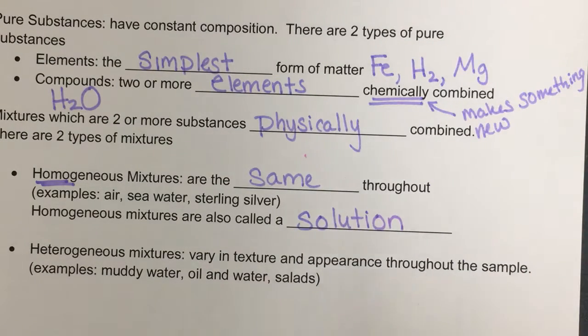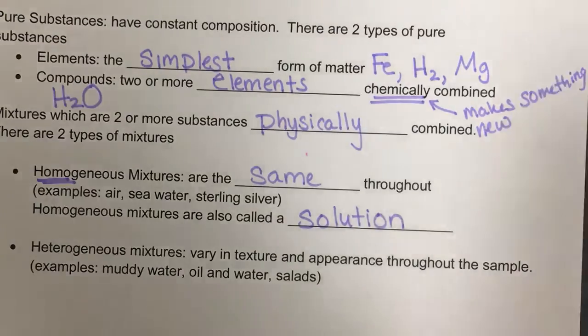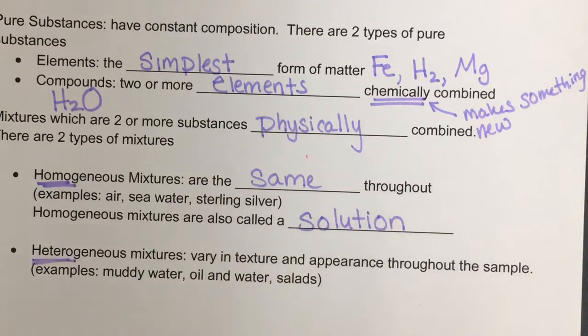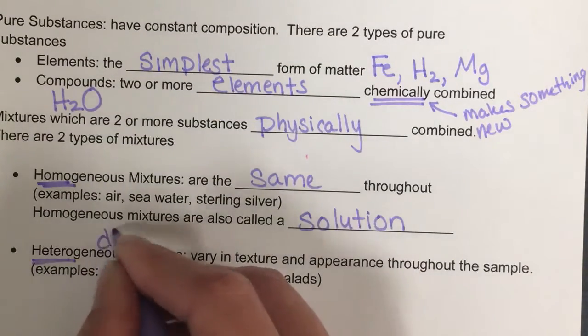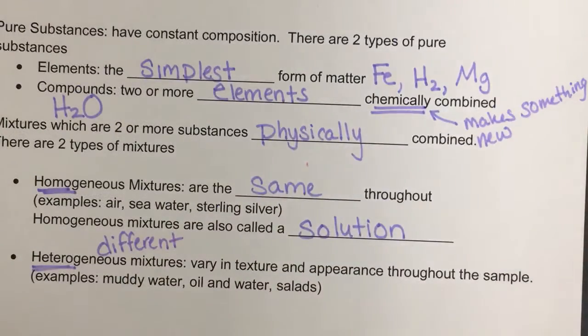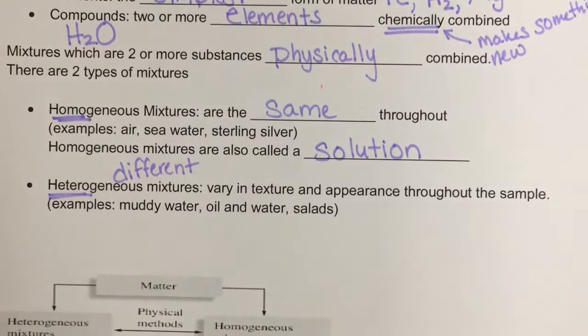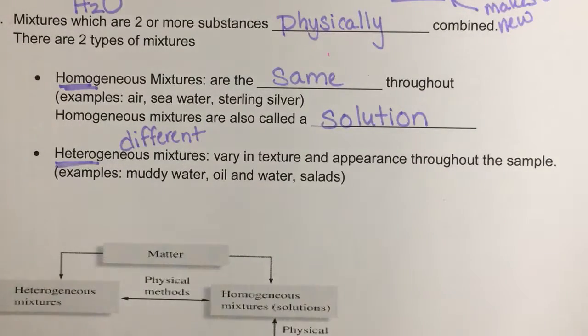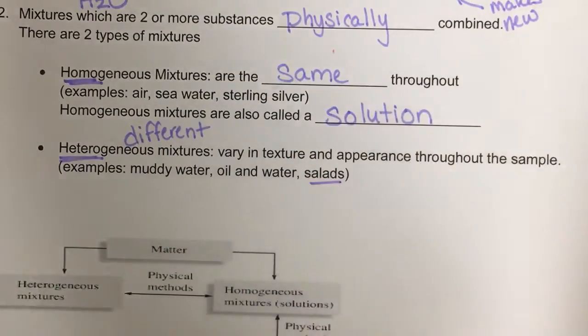okay? A heterogeneous mixture, on the other hand, is going to be hetero or different. So it's going to have different textures or different colors or different shapes in the top versus the bottom. So the easiest way to think about a heterogeneous mixture is a salad.